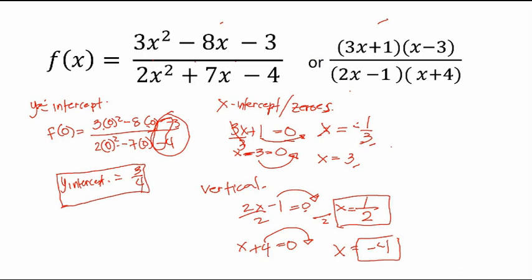Last, to get the horizontal asymptote, di ba, i-check natin, less than ba si numerator kaysa denominator? Hindi, kasi parehas siyang 2. Greater than ba si numerator kay denominator? Hindi rin. Equal siya.